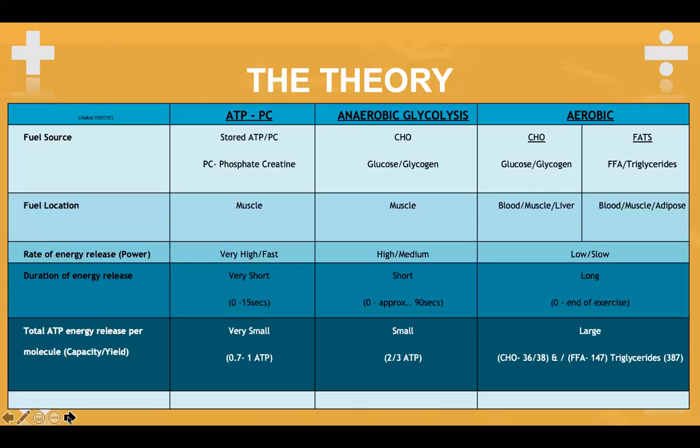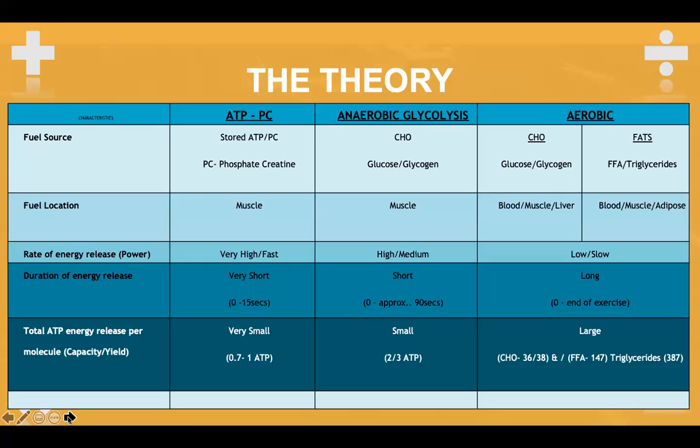The anaerobic glycolysis system starts at the start of activity and starts to deplete at around the 90-second mark, whereas the aerobic system also starts at the start of activity or exercise and contributes to ATP resynthesis until the very end of exercise, until you stop. So it's always contributing. Therefore, it has a very long duration of energy release.